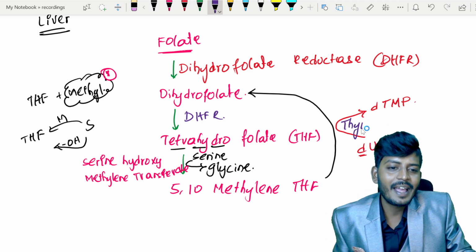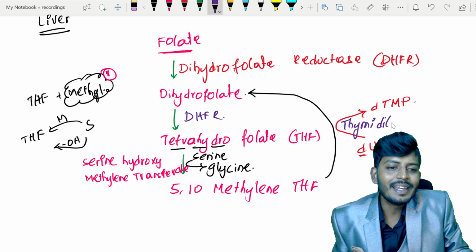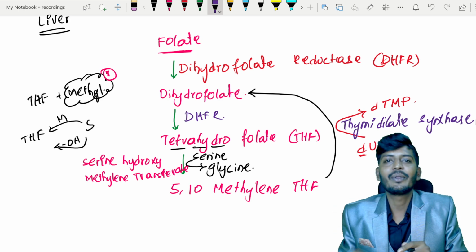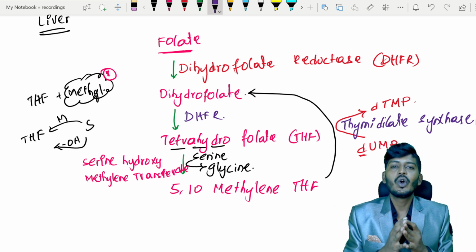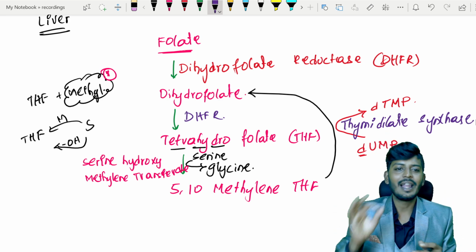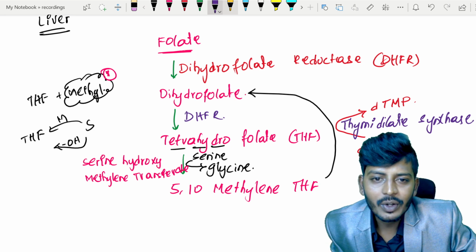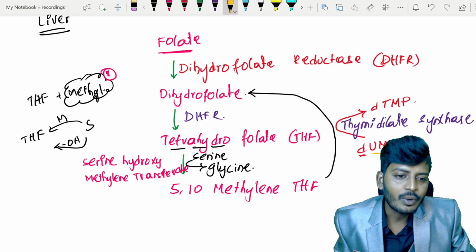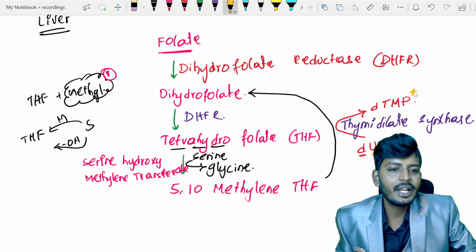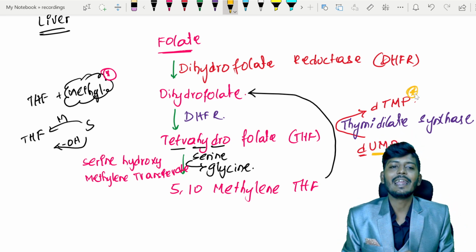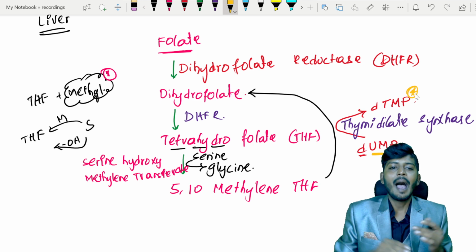Remember the name of the enzyme? Thymidylate synthase. This is going to be a very important enzyme when we are talking about the drug methotrexate. So today we'll be discussing that as well. For now, remember, dUMP will get converted into thymidine monophosphate only with the help of thymidylate synthase.